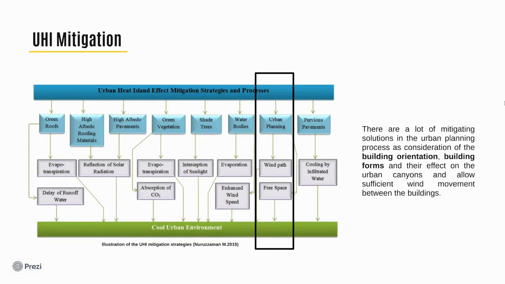The proper urban planning of the city will have a crucial role in the urban heat island mitigation, as utilizing the wind paths and corridors to be oriented towards the prevailing wind in order to cool down the microclimate, modification in the building form to suit the climatic conditions, and the urban layout with the maximum shaded areas.